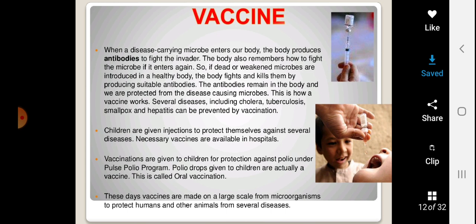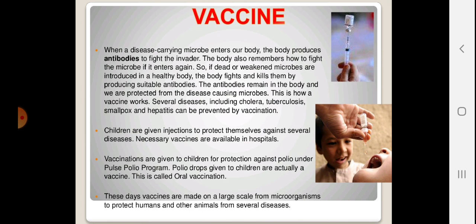They insert this weakened form of the microorganism culture into the human body. The human body will produce a response against those bacteria and will store antibodies. So, in future, when exactly the same kind of microorganism enters the human body, the body can fight against that virus or microorganism, and that way we can be saved.